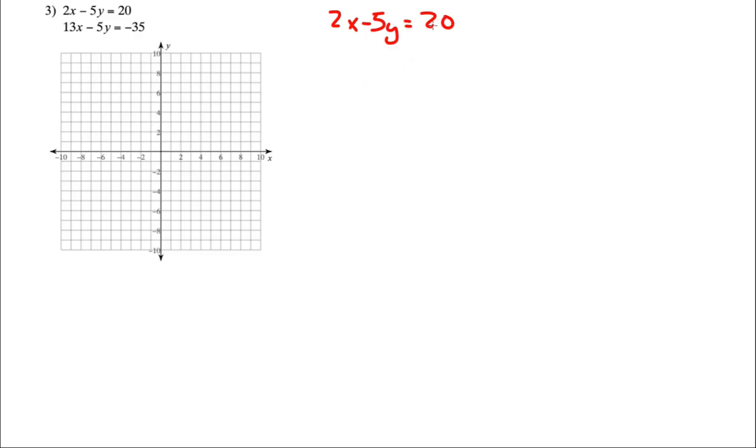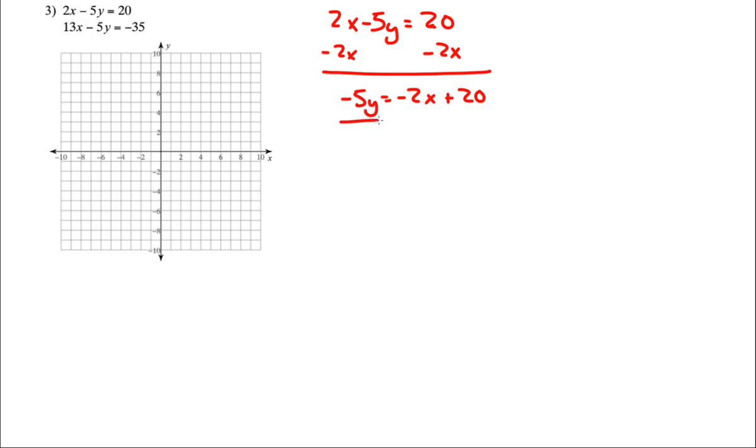If I want to get that into y equals mx plus b, well, I want my y's on one side and my x's on the other. So if I subtract 2x from both sides, now I have -5y equals -2x plus 20. Now I just have to isolate my y. I don't want -5y, I want just y.